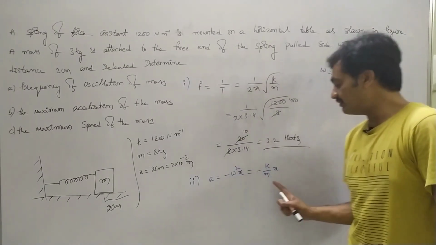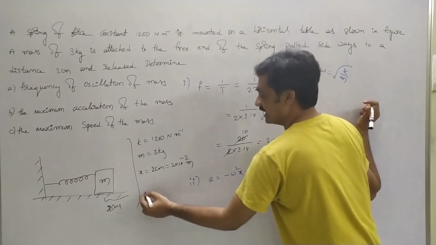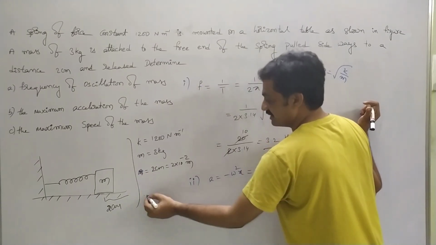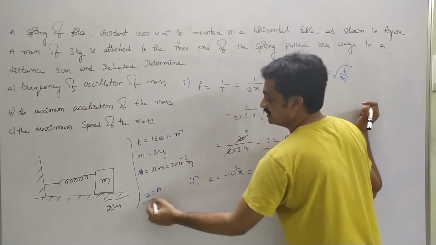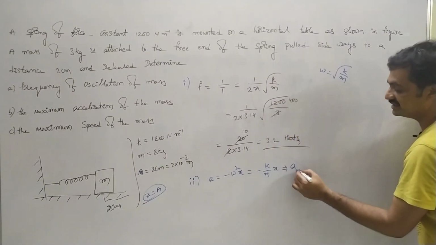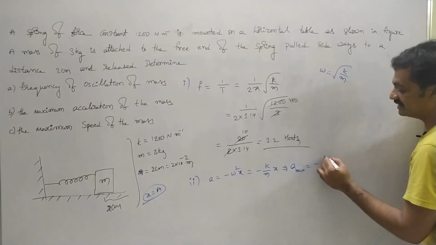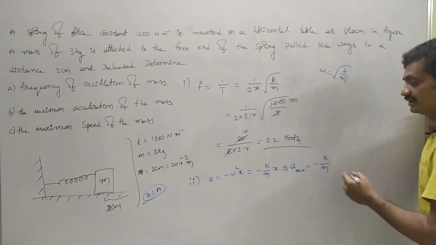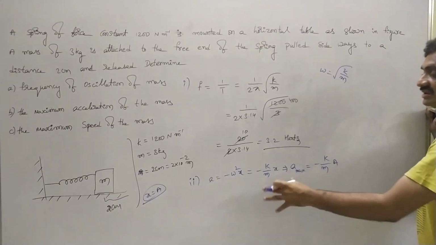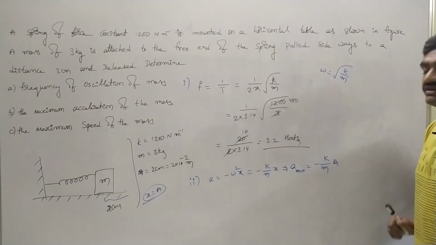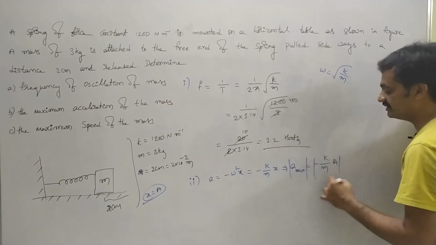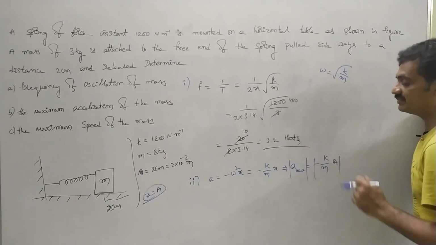Acceleration will be maximum when x is equal to A. As we substitute here, we have a max is equal to minus k by m into A. Now based on this maximum amplitude, we have to represent the maximum acceleration. If we consider the mod values, we will get the answer in terms of positive.